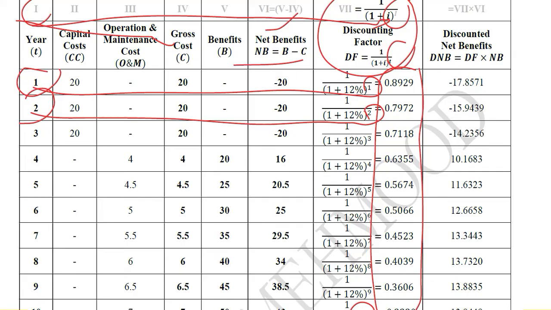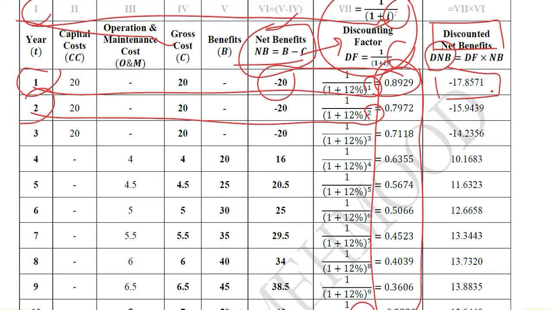We multiply this factor with the net benefits and we get this value. Suitably we can call it discounted net benefit, because it is the net benefit but now it is discounted. We represent it with DNB, that version of the net benefits which is discounted.